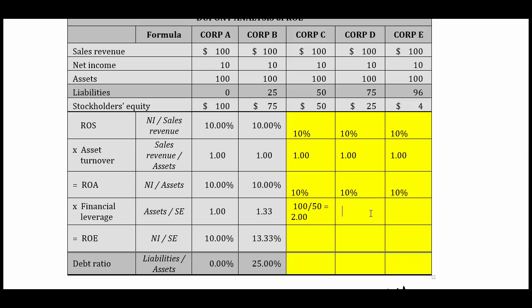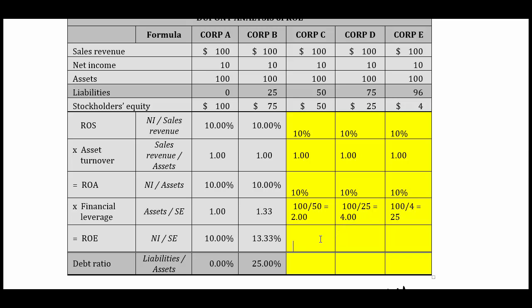In D, it's 100 divided by 25, or 4. And in E, it's 100 divided by 4, or 25.